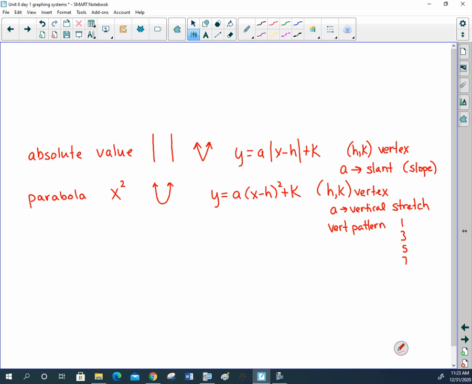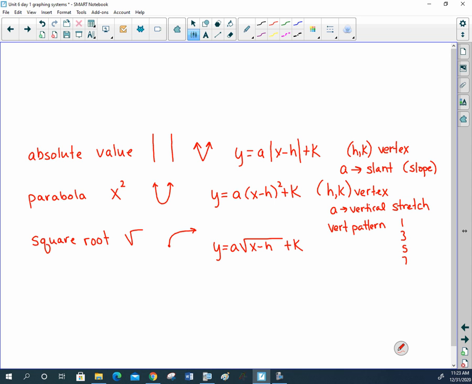Okay, then we did the square root. How we knew it was a square root is because we saw the square root symbol. And the shape kind of was that sideways half a parabola. So its formula was y equals a square root of x minus h plus k. A is always going to affect the vertical stretch.